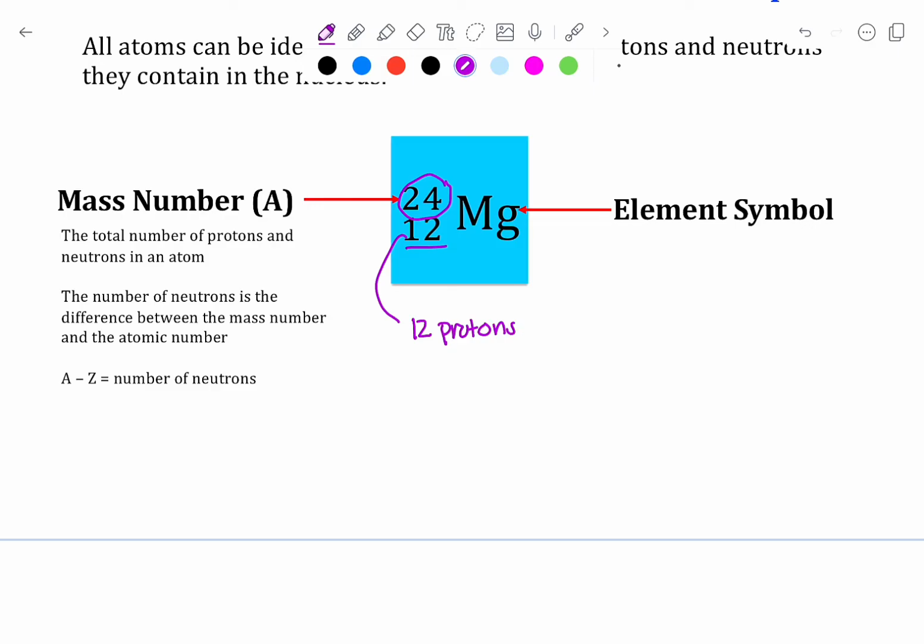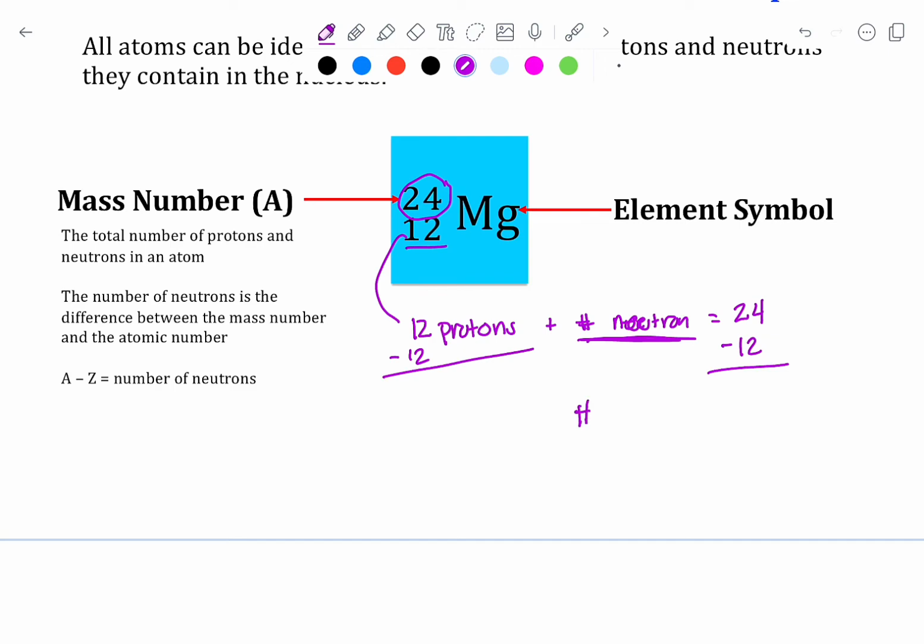In order to get some number, so we're adding in some number of neutrons, I need to get a mass number A of 24, because that's what my symbol tells me: 24 is my number of protons plus neutrons. I have to then determine how many neutrons there are by taking 24 and subtracting off those 12 protons.